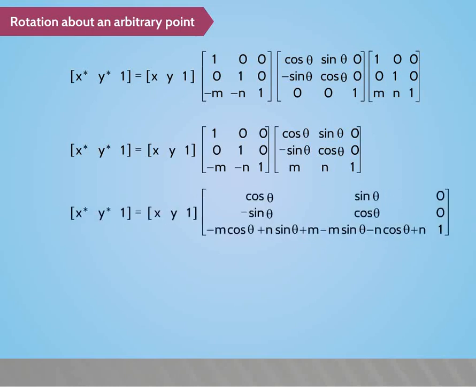Multiplying, [X asterisk, Y asterisk, 1] is equal to [X, Y, 1] times the matrix [cos theta, sin theta, 0; minus sin theta, cos theta, 0; minus M cos theta plus N sin theta plus M, minus M sin theta minus N cos theta plus N, 1].